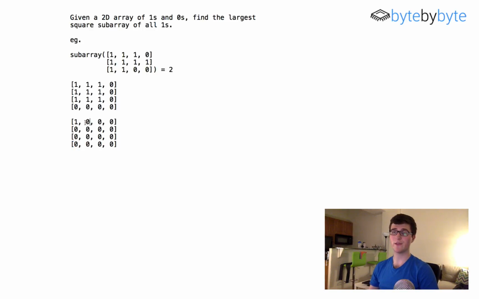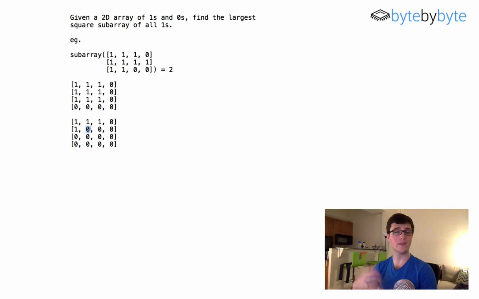So we can just go through and traverse this from left to right and top to bottom. For this top row, we just say that these values are equal to the values in the original array. Then for this next row, the first value is the same. And then for this second cell, we can look at the values of the cells surrounding it, these 3 cells. Basically, if all 3 of these cells are 1, and the current cell is 1, then the current cell would complete a larger subarray.